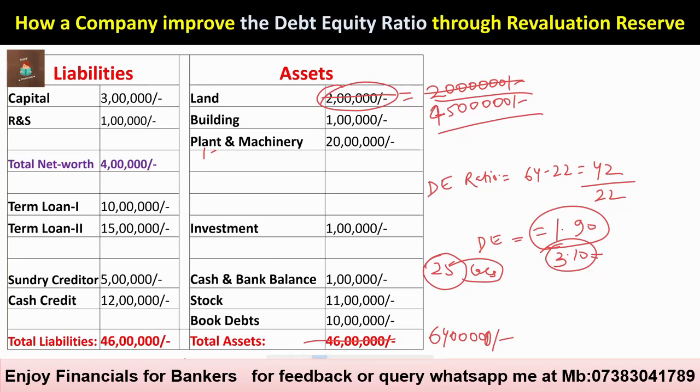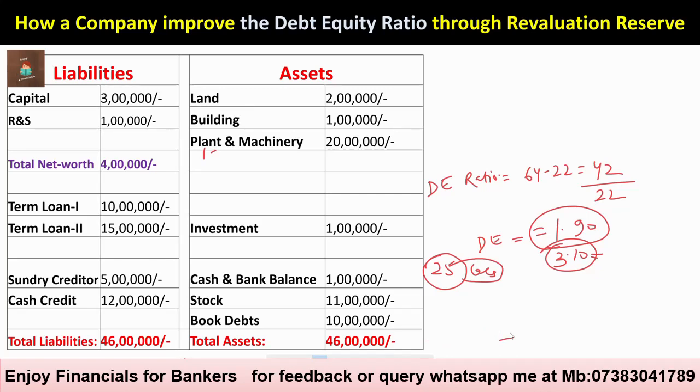And on the asset side also, friends, remove the same amount from the fixed assets. The moment you remove it, the company will have the actual size of the balance sheet, and then you calculate the D ratio: 46 minus 4, so 42 divided by 4 is equal to 10.50.